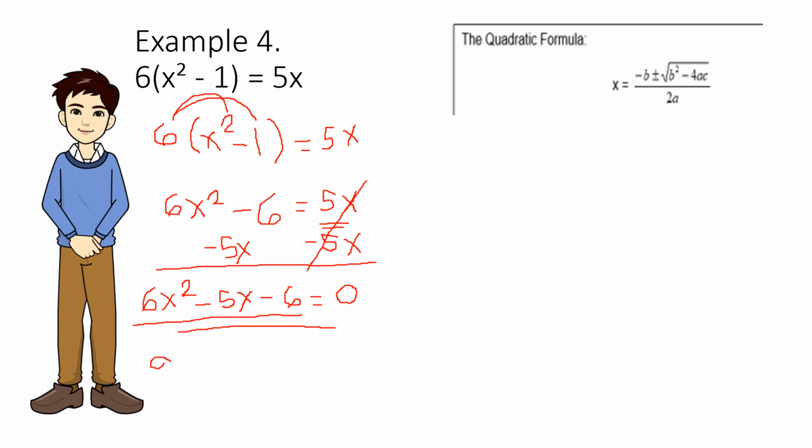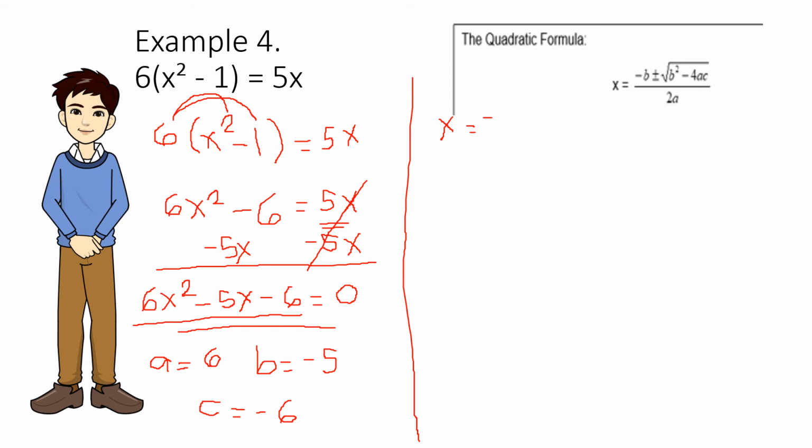Then, our value for letter A is positive 6, and the value of our letter B is negative 5x, so we have negative 5. Then the value for letter C, we have minus 6, so that is negative 6. Okay, so this time we are ready to substitute the value of our ABC to our quadratic formula. So, we have now negative b, so that is negative of negative 5.